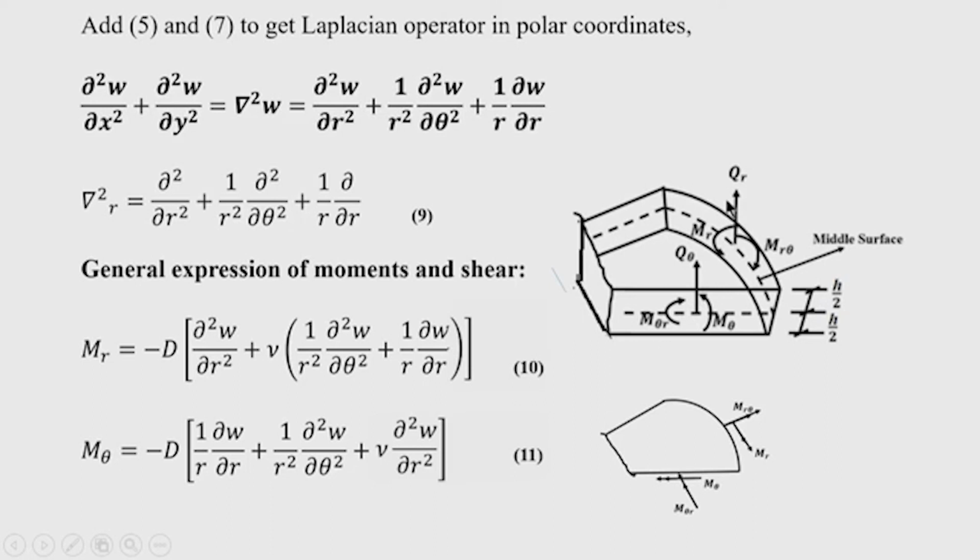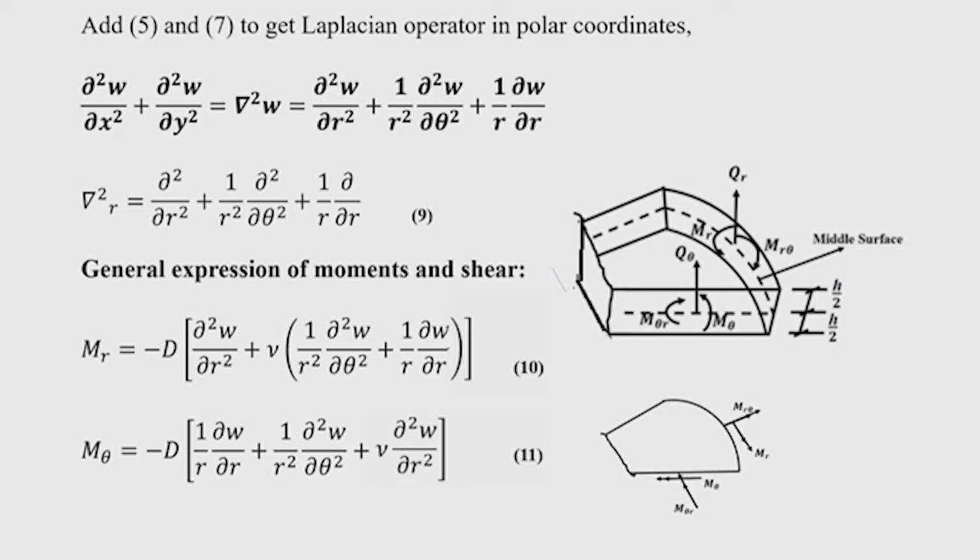Q r is the shearing force, and Q theta is the shearing force in the other perpendicular direction. So Q r and Q theta are the shear forces present in plates of circular shape, or any other when the polar coordinate system is used.